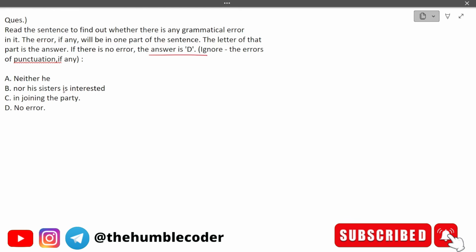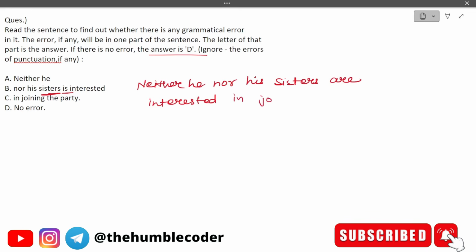Neither he nor his sisters is interested in joining the party. The correct version is neither he nor his sisters are, because it is sisters, which means plural. So the complete sentence is going to be: neither he nor his sisters are interested in joining the party.